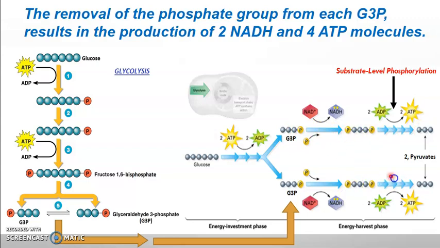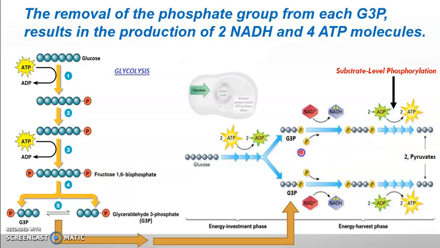I just want you to remember that each G3P, as they're turned into pyruvates, will produce an NADH. So you're going to get 2 NADHs from the conversion of these 2 G3Ps, as well as 1, 2, 3, 4 ATP molecules total from the conversion of these 2 G3Ps into 2 pyruvates.